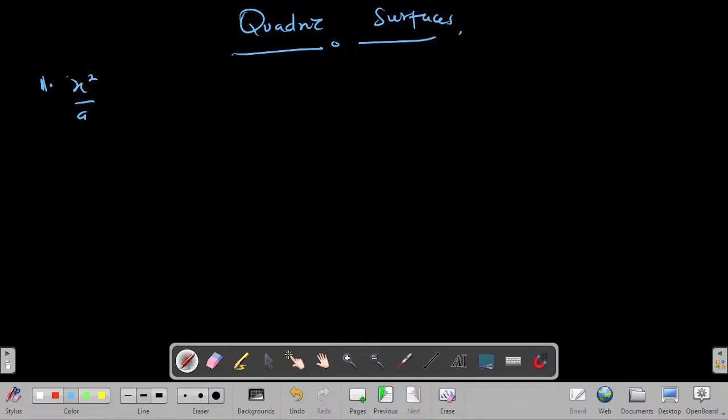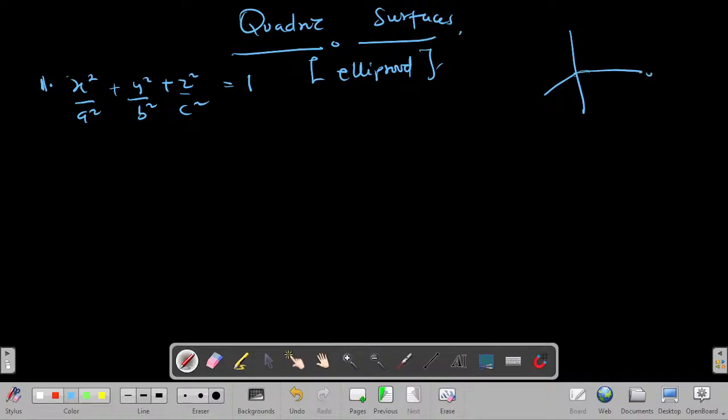x squared over a squared plus y squared over b squared plus z squared over c squared is equal to 1. This is what we call an ellipsoid. Drawing an ellipsoid is going to be hard, but let me try. Let's say this is our y, this is our x.